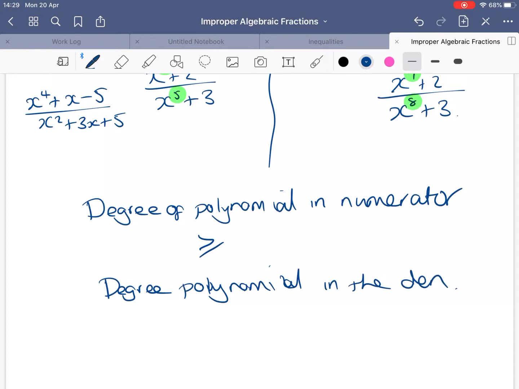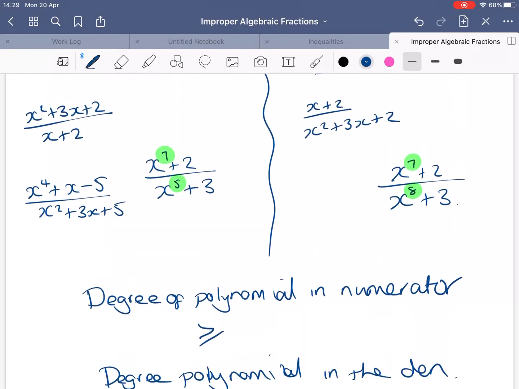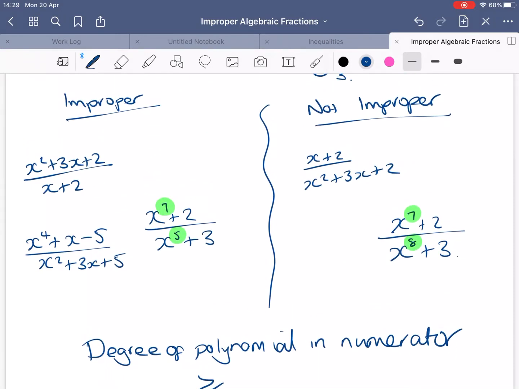So we could have the same degree. Another one that is an improper fraction would be something like x squared plus 3x plus 5 over x squared minus 1. That would be an improper fraction.